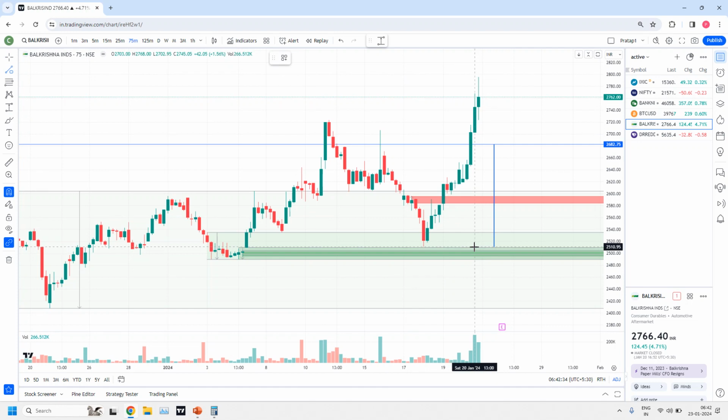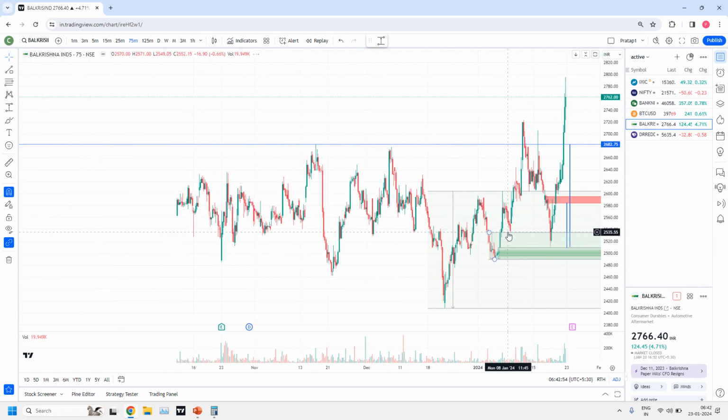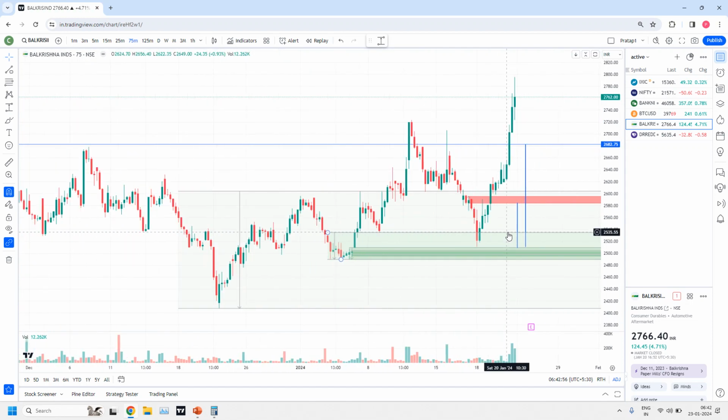The first target is from here to here. This is the first target, the immediately available supply zone. And your second target should be your HTF supply zone. But HTF is not having a supply zone. All-time high we marked. That is our second target.